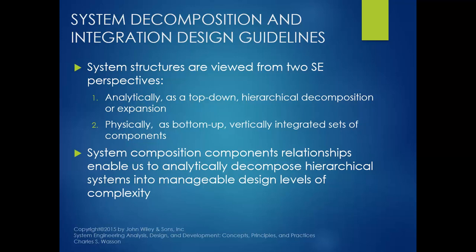For system composition, component relationships enable us to analytically decompose the hierarchical system into manageable design levels of complexity, and that will assist me again in knowing the exact interaction with the different subsystems, elements or parts, and the specification for each one of them.